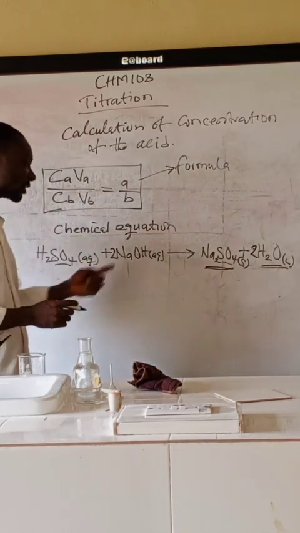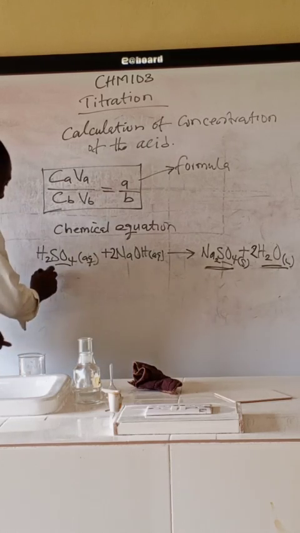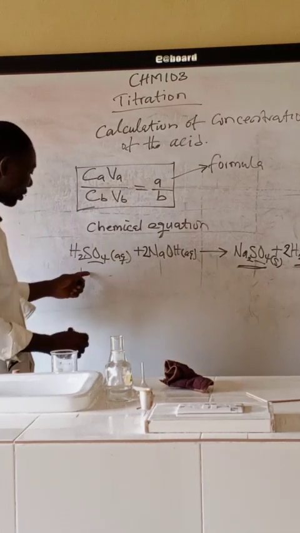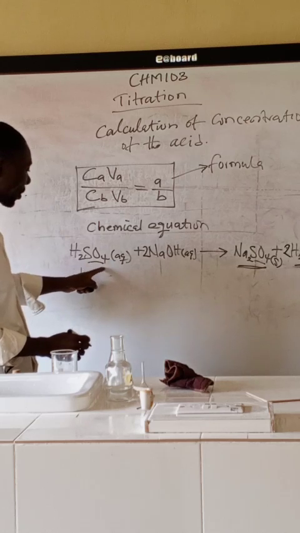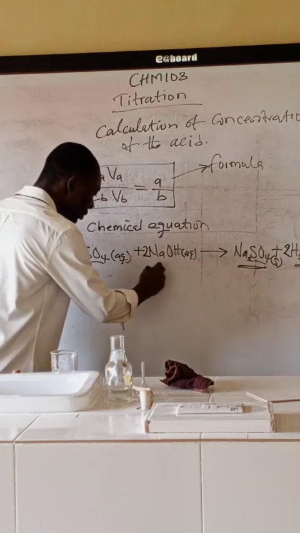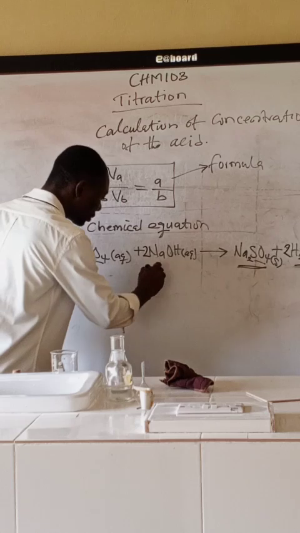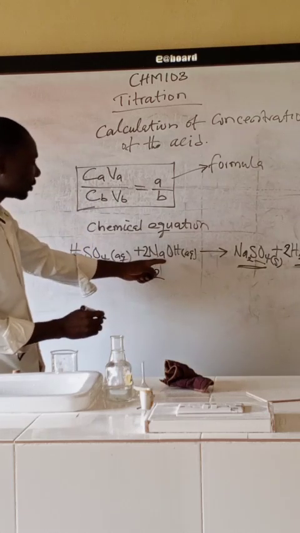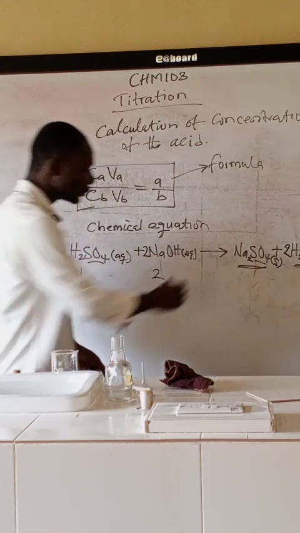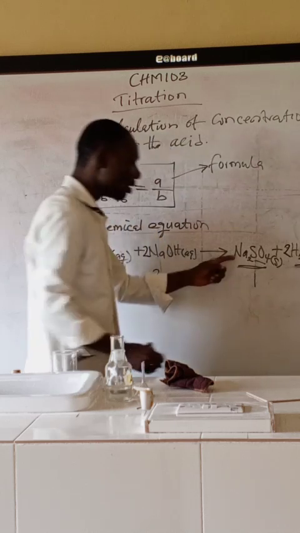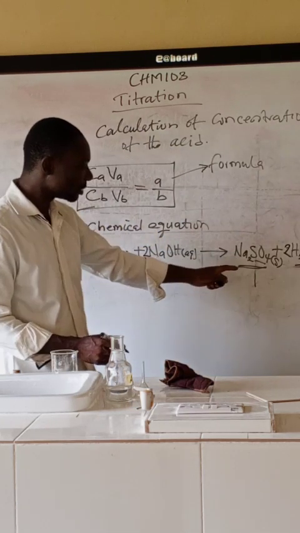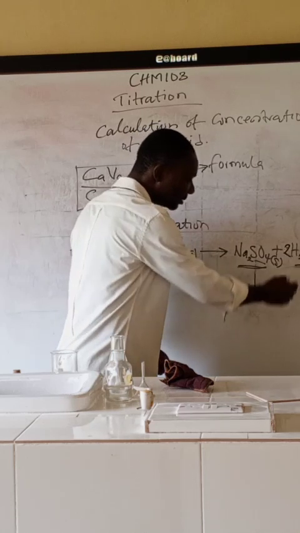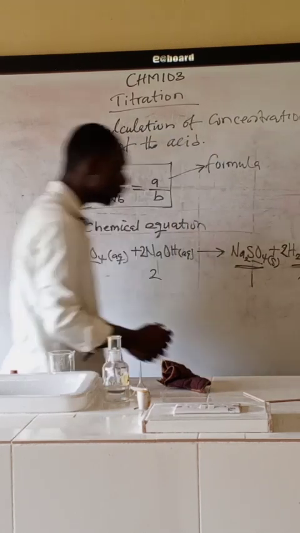Now, you discover the mole ratio: 1 mole of H2SO4 reacts with 2 moles of sodium hydroxide to give 1 mole of Na2SO4 salt, then 2 moles of water.